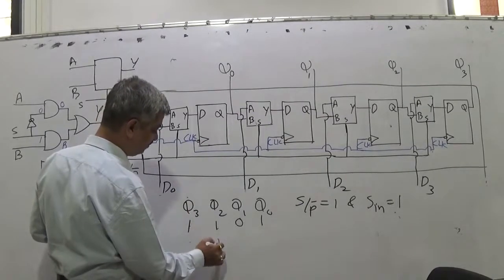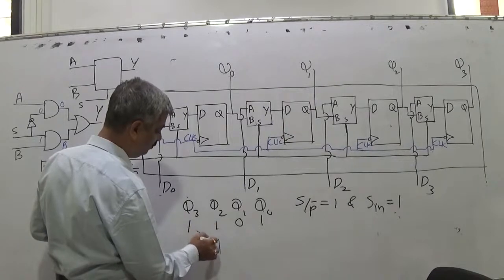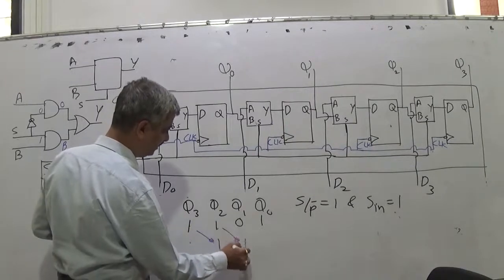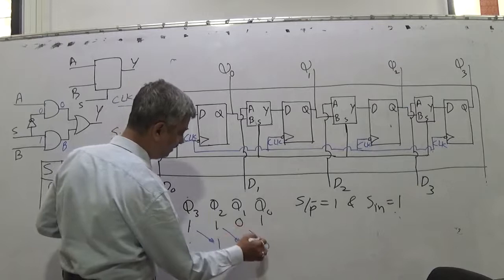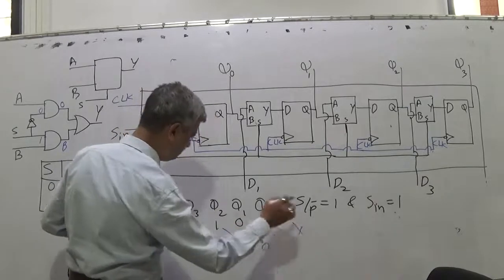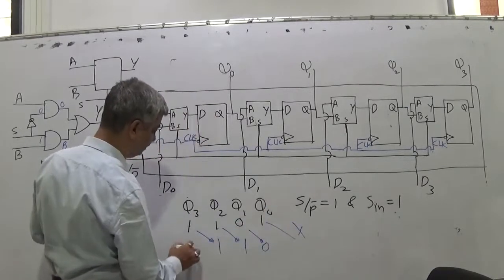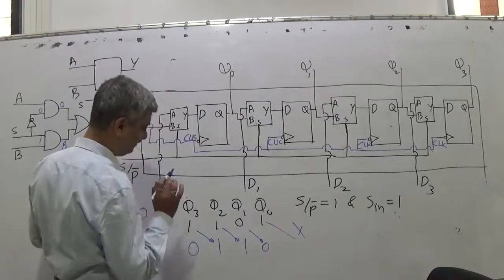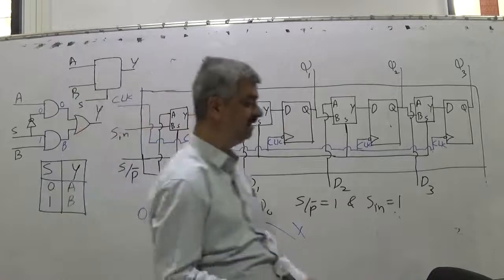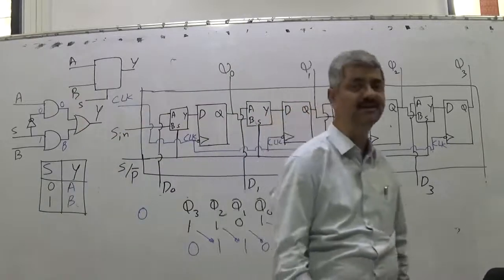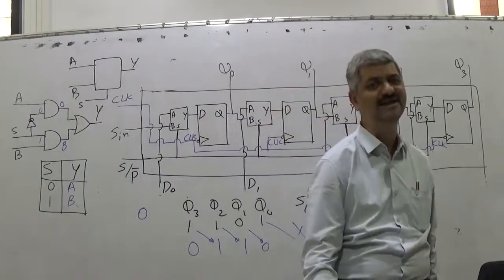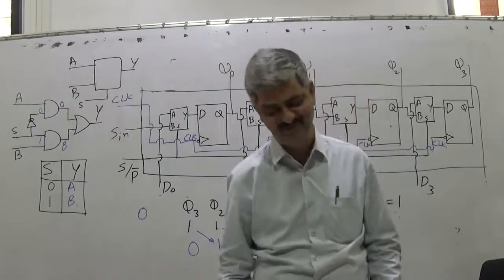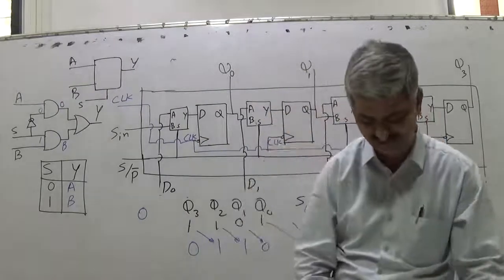This Q3 should be transferred here. This Q2 should be transferred here. This Q1 should be transferred here. And this should move out. And I should be able to add a new thing. If I can put a 0 input, I will put it in here. So this is called right shift. Left or right depends upon how you look at it. There is no universal convention for that.